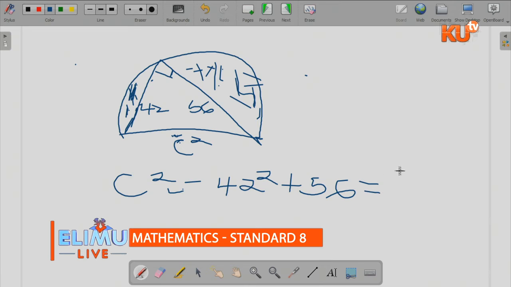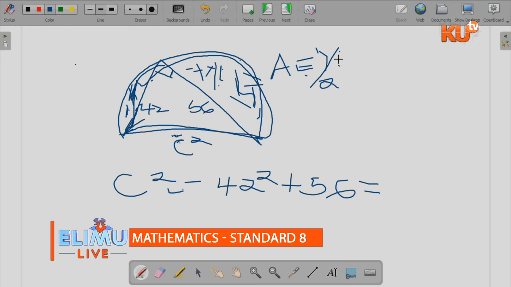Okay. Before we move to the next one, there's something we need to solve. Someone is requesting we do something here. You can see this is a semicircle, and for this semicircle area is equal to a half. That's now area of a semicircle.